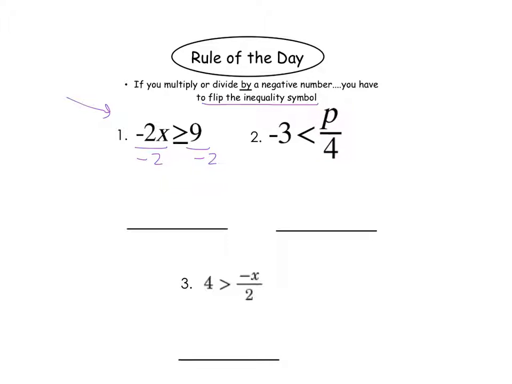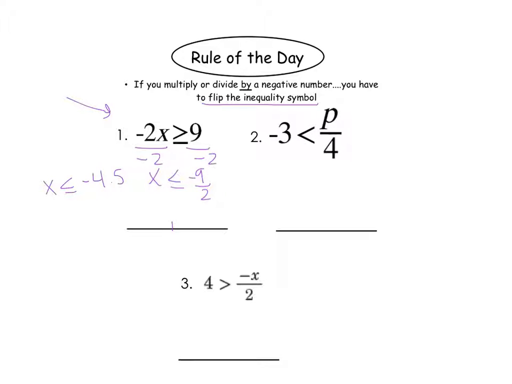And since I divided by a -2, I flip the inequality symbol, so it was greater than or equal to. Now it turns to less than or equal to. And my answer would be x is less than or equal to -9/2. And -9/2 is also known as -4.5. So here, x is less than or equal to -4.5.